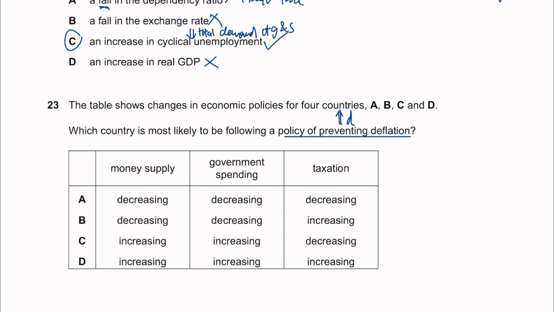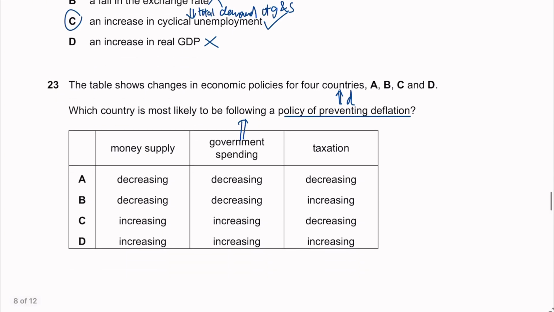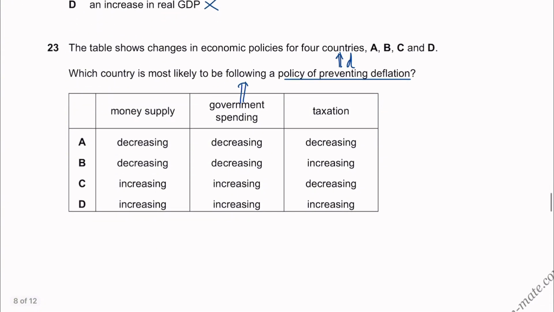So first, government spending, you must increase so that you can increase the economic growth, increase the GDP. This is the GDP formula: consumption plus investment plus government expenditure plus exports minus imports. So essentially your G increases. Taxation you must reduce.